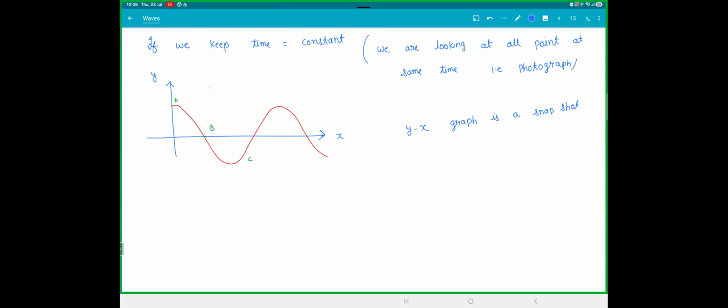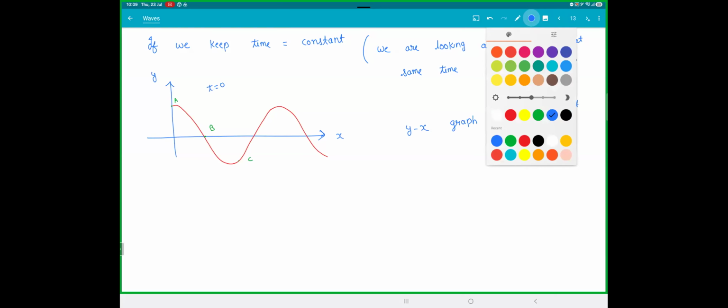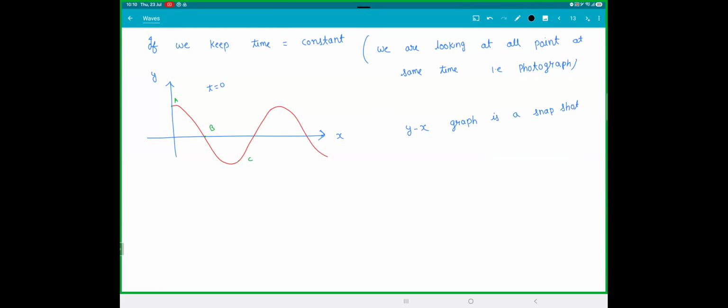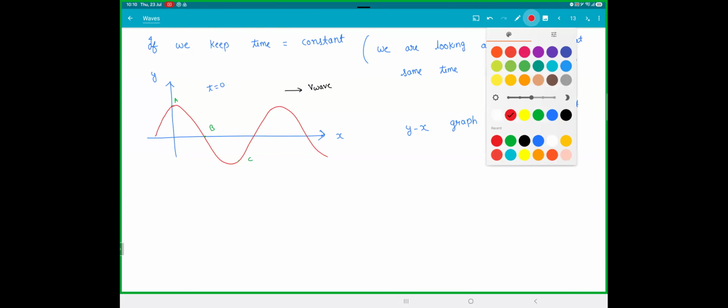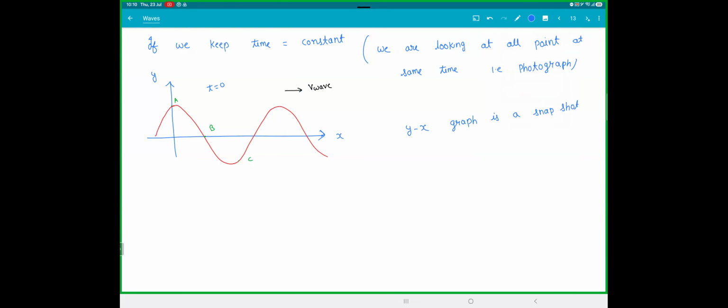And just as an example, let's say this is time 0. And let's say this wave is going forward. Next moment, you know how it looks? Since the wave is going forward, just push the wave a little forward. So it becomes like this.